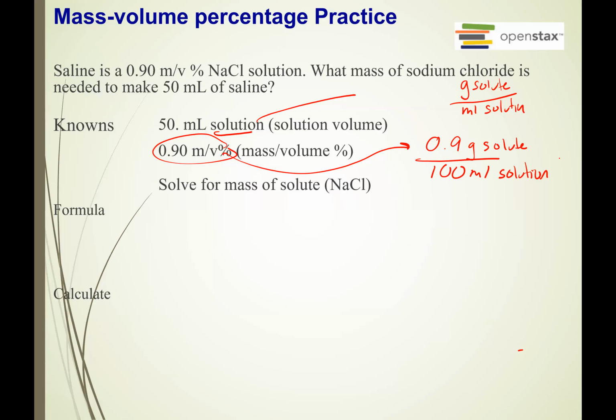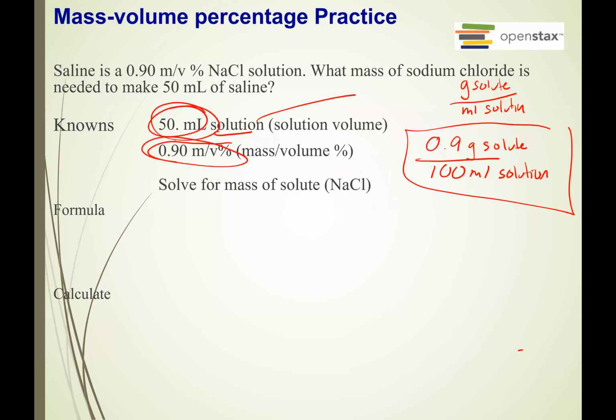We have two numbers to start with. We can either start with 50 milliliters or with 0.9 grams over 100 milliliters. 50 milliliters has 1 unit. This 0.9 has 2 units. If we have the choice to start with 1 unit or 2 units, which one should we start with? 1 unit.